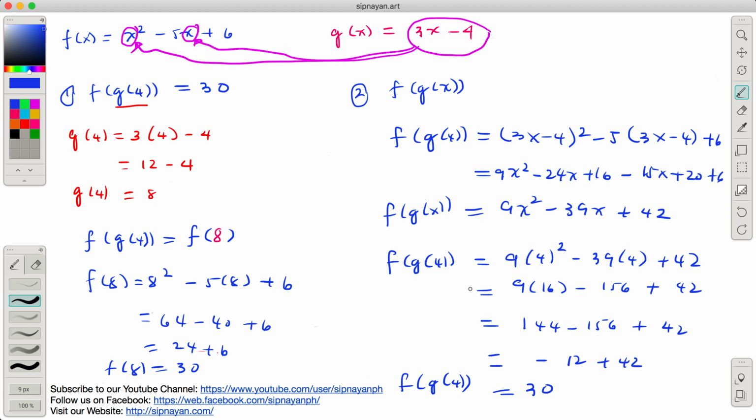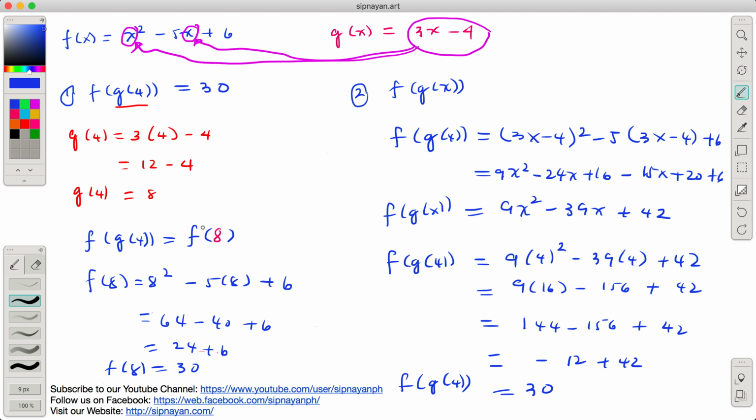Although in this case, medyo malaki siya, pero ibig sabihin, isa lang yung isusolve mo. Dito kasi dalawa. You have to get first g of 4 and then you substitute. Yung input mo naman yung magiging g of 4 dito. So, dalawang equations yung isusolve mo, medyo matagal siya. Anyway, you can choose your own solution.